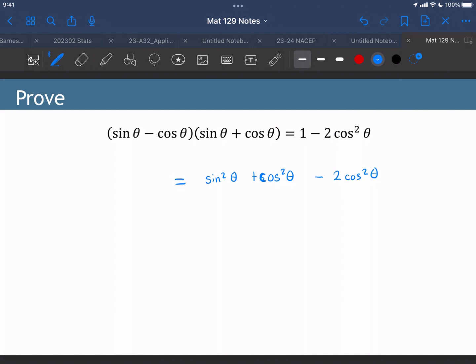So cosine squared, a minus 2 cosine squared, so now that is sine squared theta minus, whoops, not 2, just minus one of them. Plus 1 minus 2, that's a minus 1.